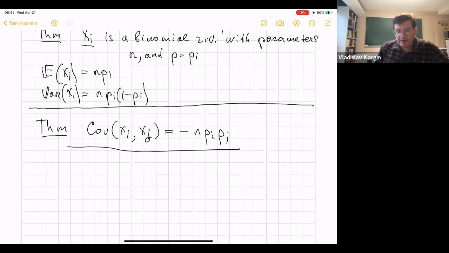Let us look at another thing that we can say about this random variable. Suppose that you're looking at the random variable Y, which is the sum of the counts for some of the types. For example, Y is equal to X1 plus X3.